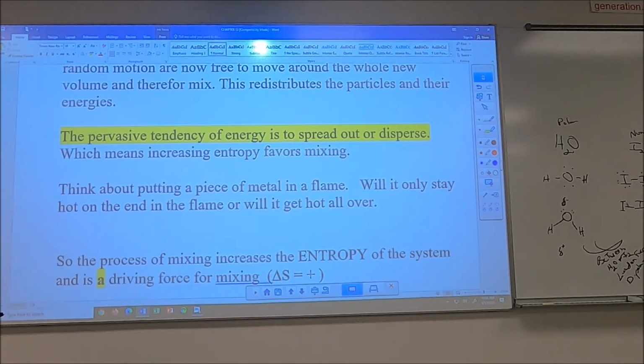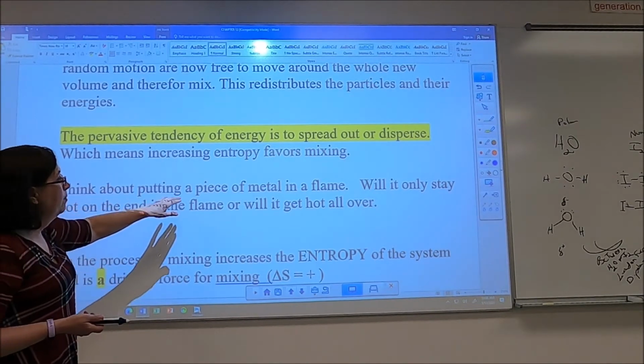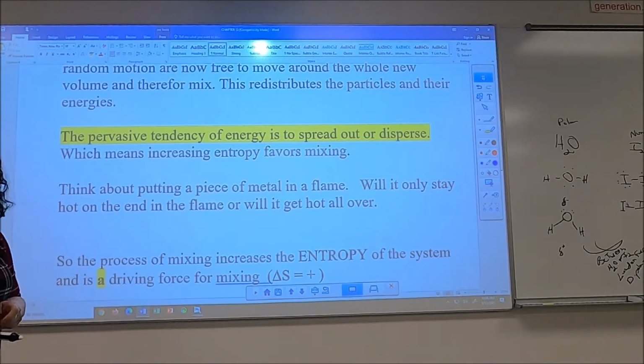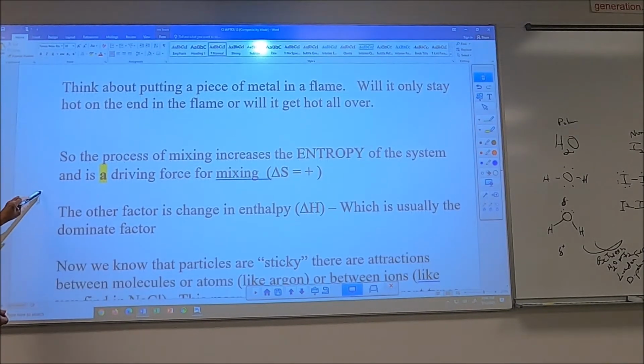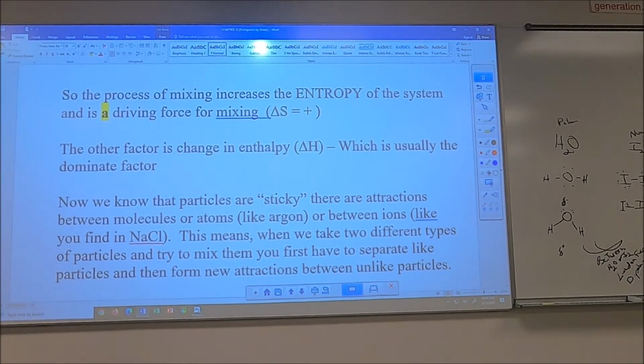So if you think just about energy spreading out, think about putting one end of a piece of metal in a flame. Okay? That heat will travel up through the metal. If you're holding onto it with your bare hands, you're going to know it pretty quick. So the process of mixing increases the entropy of the system and is a driving force in mixing.